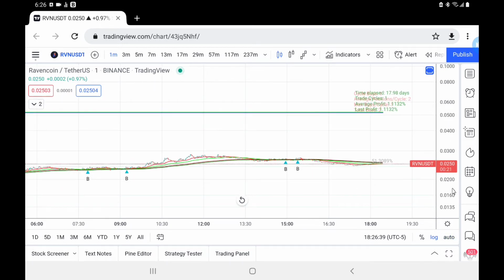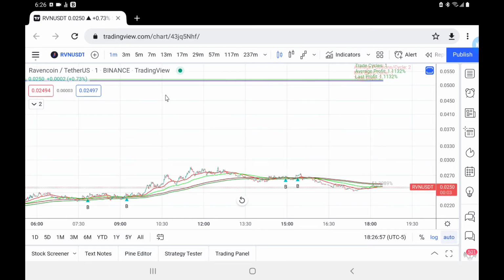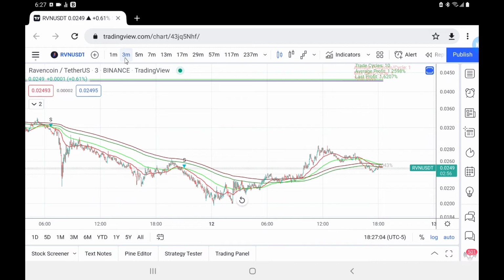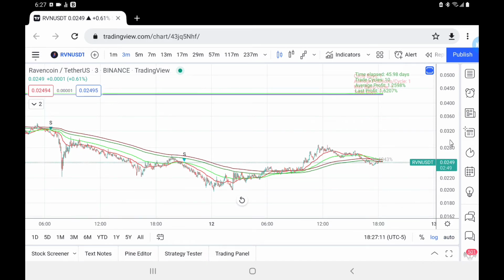And yet, even with it being such a pain and such a nightmare, only one position, only one cycle. It avoided the whole mess. Now let's see how that looks as we actually go to higher time frames. And we'll see just how well this recipe shines, even with coins that, quite frankly, shouldn't be trusted.